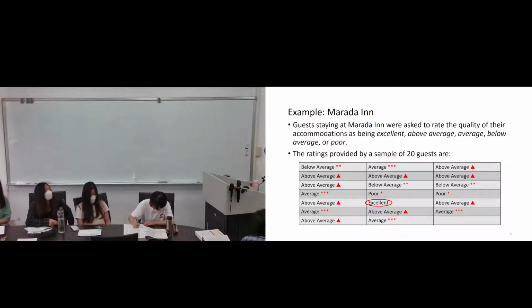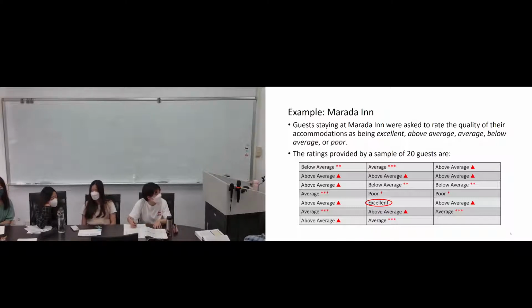Let's see the Miranda Inn example. We surveyed 20 guests. Some rated below average, some poor, some average, some above average, and some excellent. Let's count. How many of the 20 guests said excellent? Only one. Above average? 1, 2, 3, 4, 5, 6, 7, 8, 9.